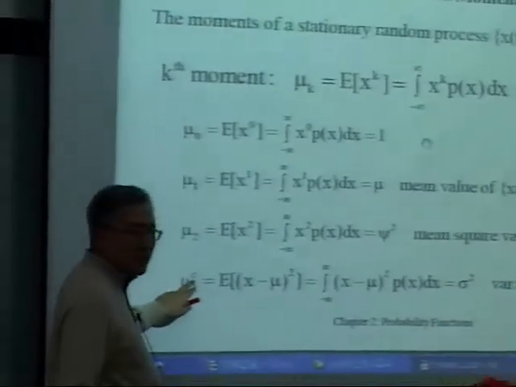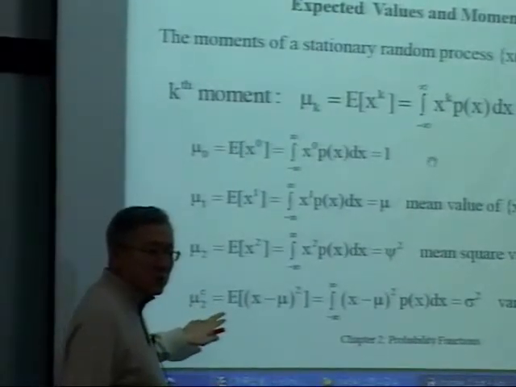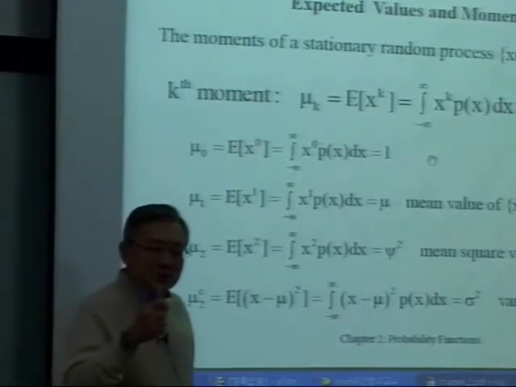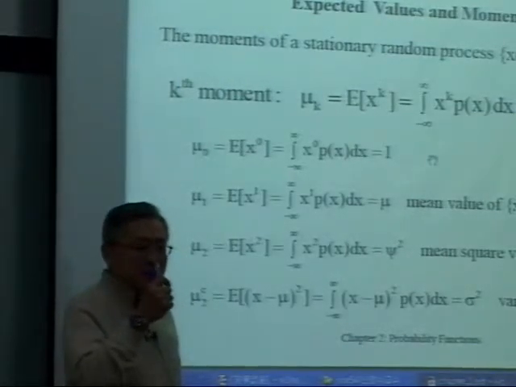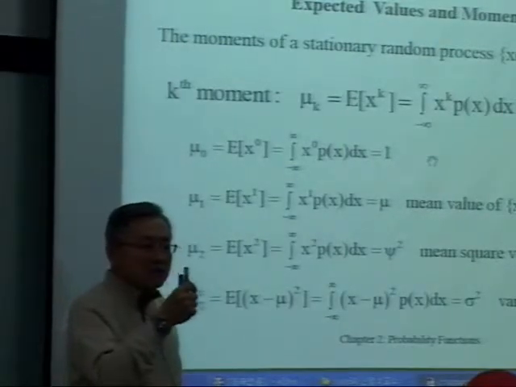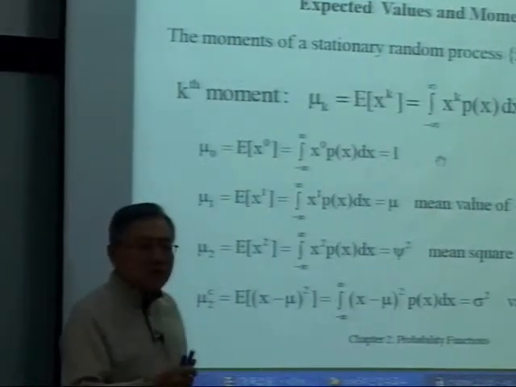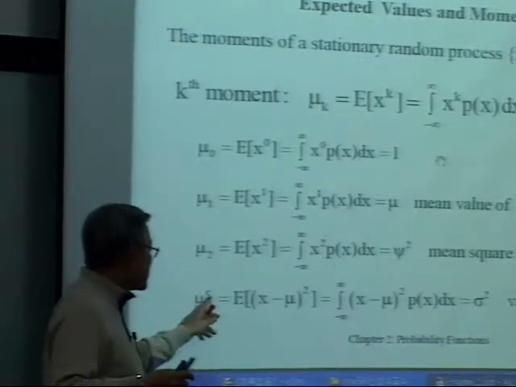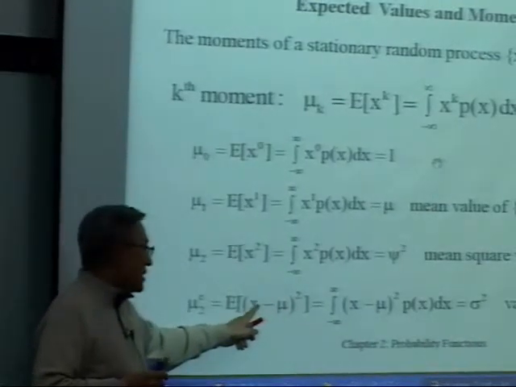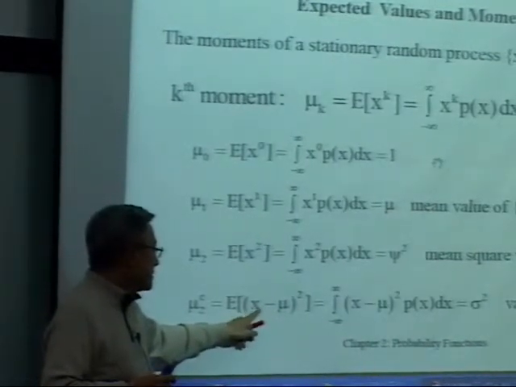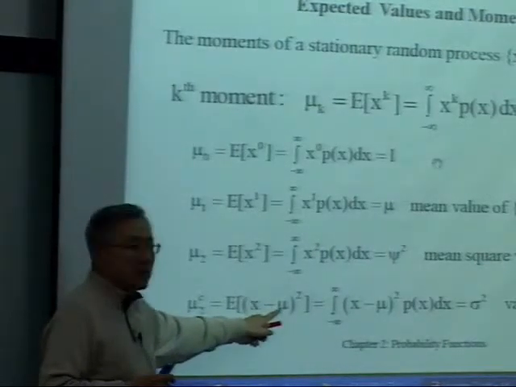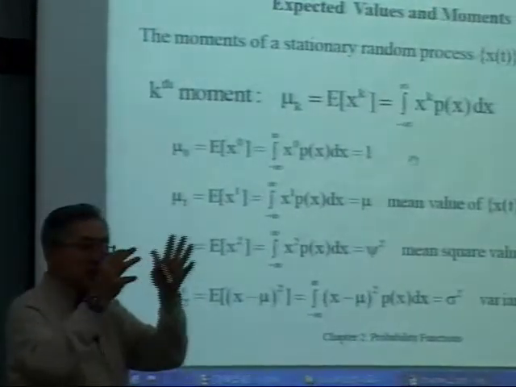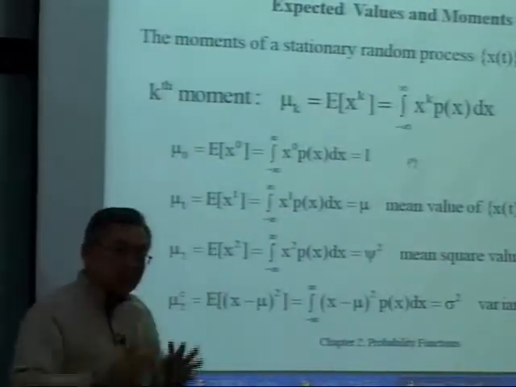We put the C here. C means central moment. This central moment is really dealing with the dispersion about the mean. That's why we put the C, about the mean. For the random variable x, you take away the mean, which means you are really looking at the dispersion about the mean.